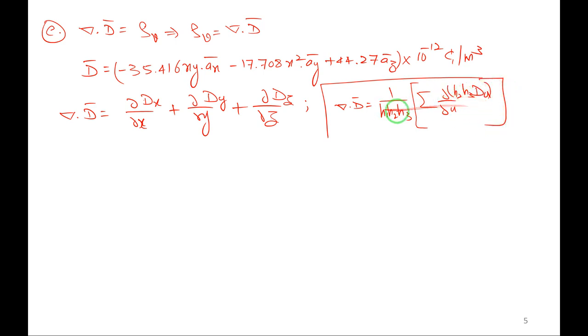If you expand this and substitute, h1 h2 h3 are 1 for Cartesian, so this will be dou by dou x of Dx, dou by dou y of Dy, dou by dou z of Dz. So what is Dx? This is Dx into ax, next Dy into ay, this one is Dy, then next Dz into az, right? So do 1 by 1, then add all the three, right?